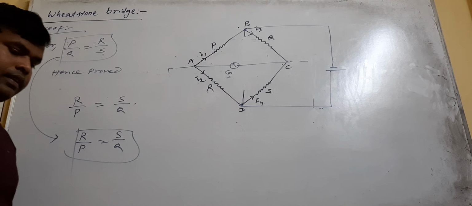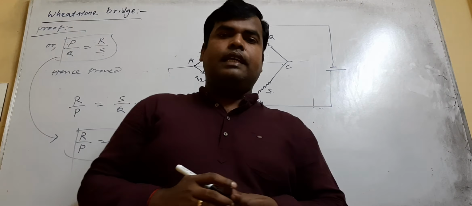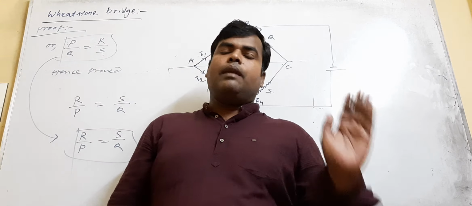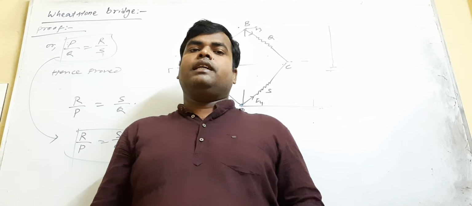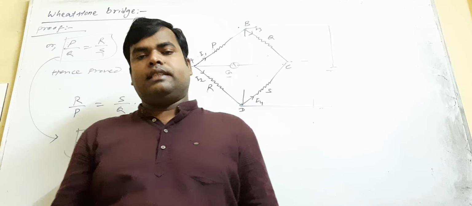That means if you interchange the positions of galvanometer and cell, then the Wheatstone bridge still remains balanced.